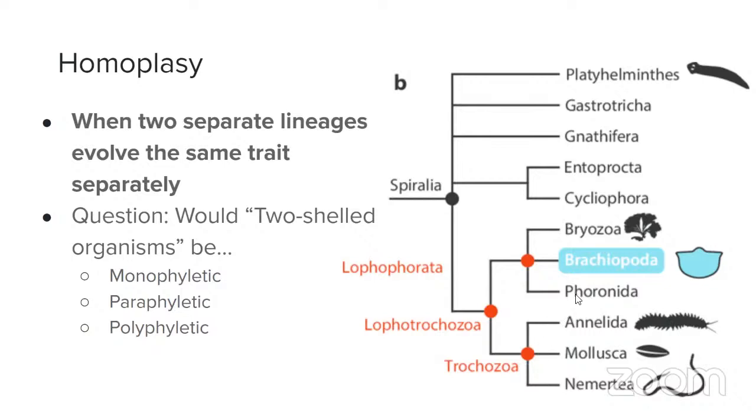So we don't think that they inherited this shelled shape from a common ancestor, because that would have required a lot of reversions, essentially. So if you imagine a common ancestor that had these two shells, then what you're implying with that statement would be that there were two shells in this common ancestor, but only the mollusks and the brachiopods inherited them at all.